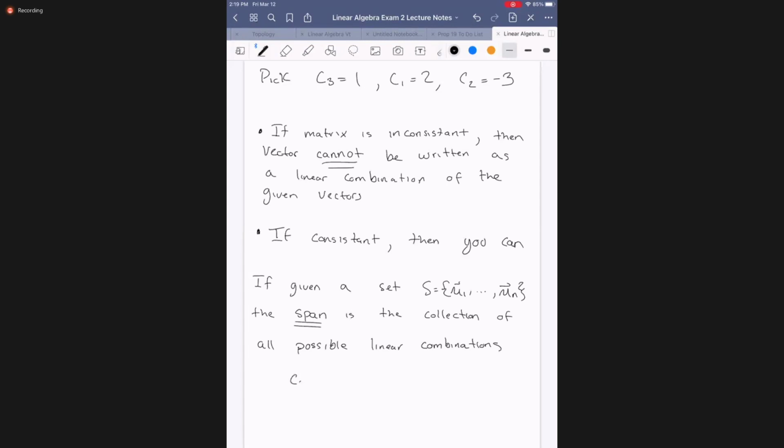Meaning, if you do this, oops, that's not a vector. So take all possible things that look like this, and then put them in a set, and that thing is called the span. Okay. So let me formally define that now.